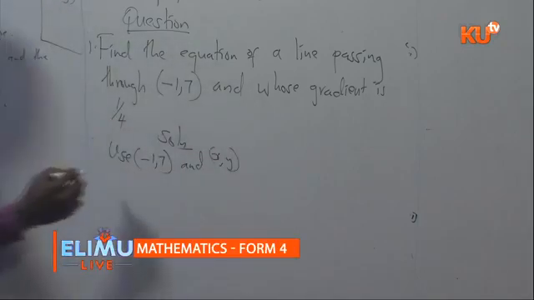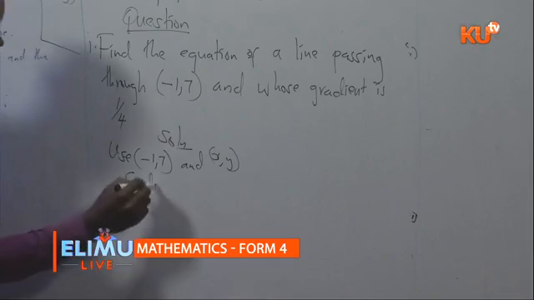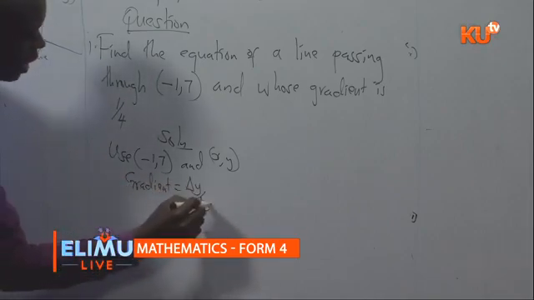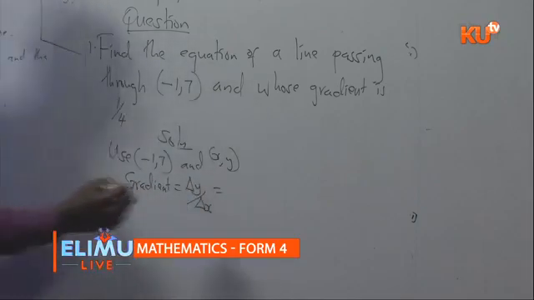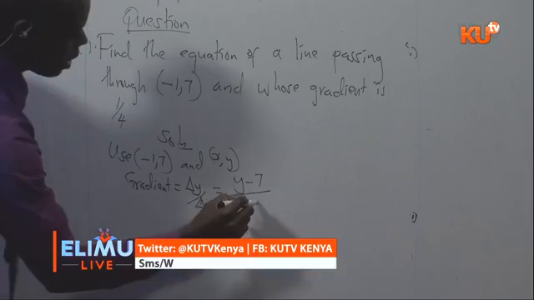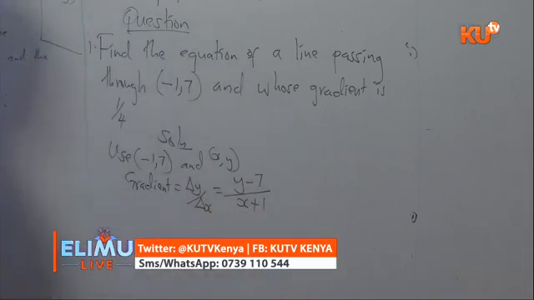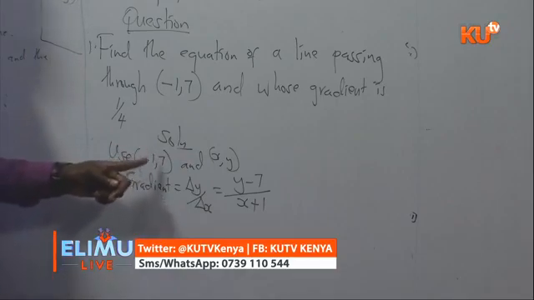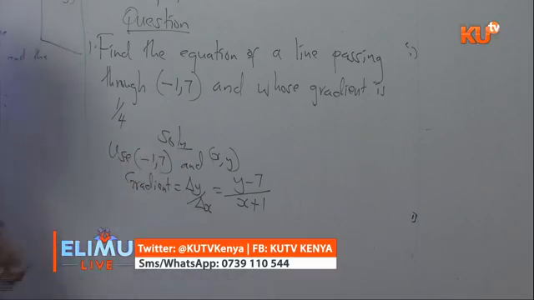With these two, we'll say gradient is equals to the change in y over the change in x. This will give us y less 7 over x add 1. Why is it plus? Because it is x minus -1, so minus turns to positive, so we have x plus 1.